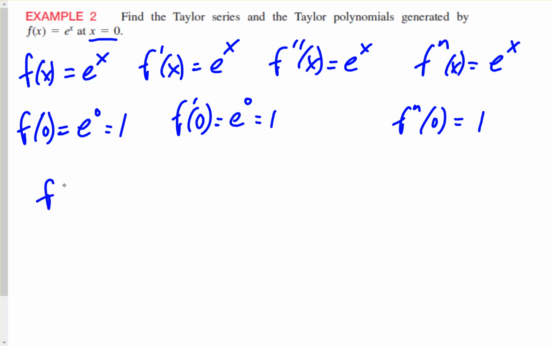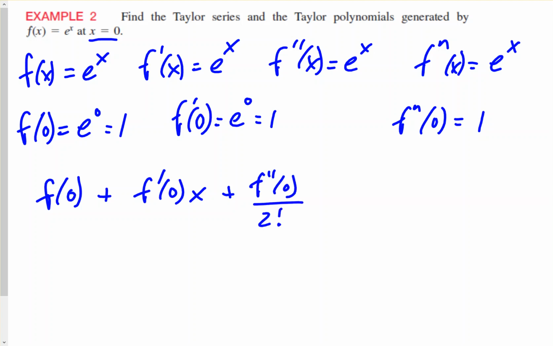We have f of 0 plus f prime of 0 times x plus f double prime of 0 over 2 factorial times x squared plus the nth derivative of f over n factorial times x to the nth power.